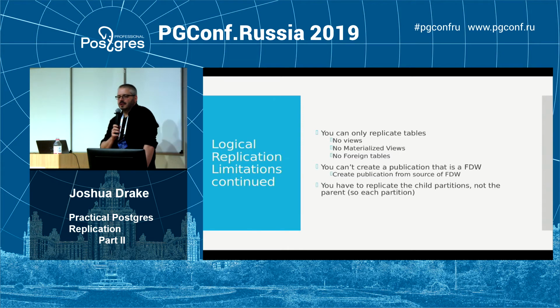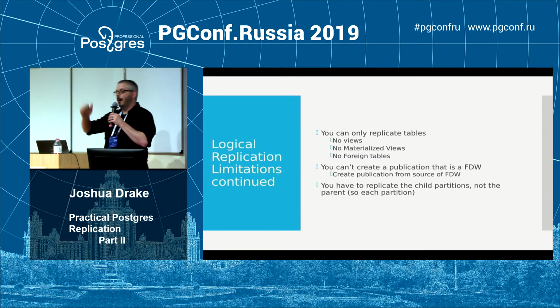Here are some continued limitations. You can only replicate tables. No views, no materialized views, no foreign tables. There you go. Another reason you can't use it for high availability. Well, not the foreign tables, but the other two. You cannot create a publication that is a foreign table, a foreign data wrapper.